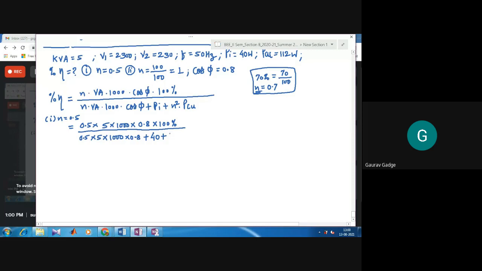Now N square. Don't forget to write that N square. So it is 0.5 square multiplied by 112. So it is equal to, just see the calculator.